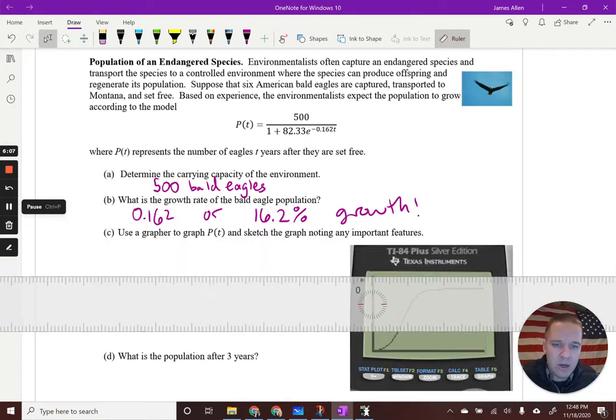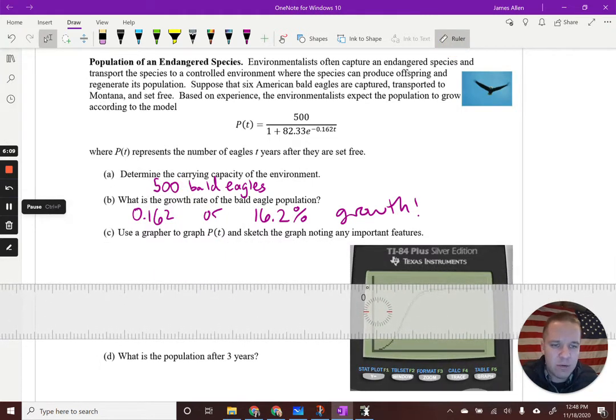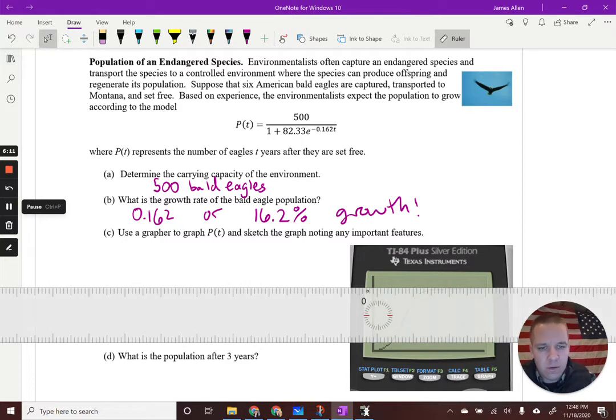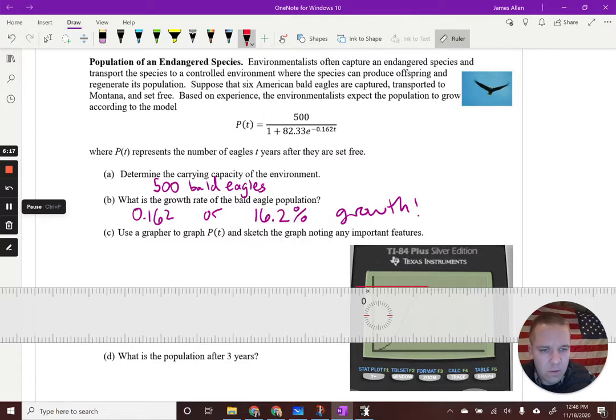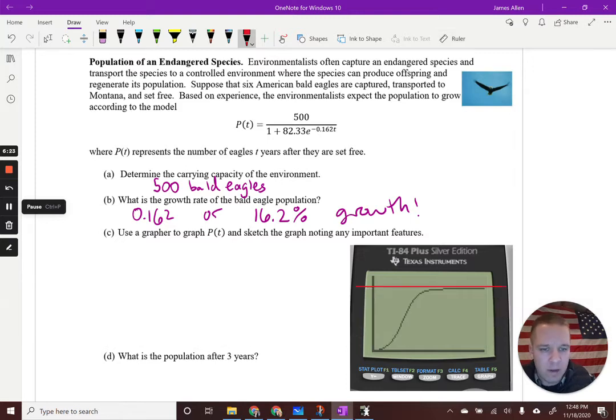I know I'm going to have that asymptote of y equals 500, okay? And I've got one at y equals 0 as well. So this is y equals 500. That is my carrying capacity, right?